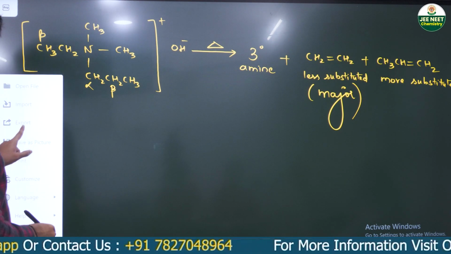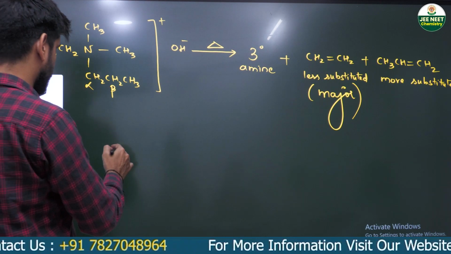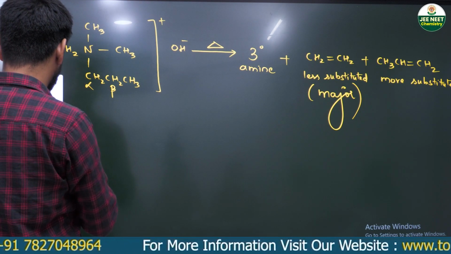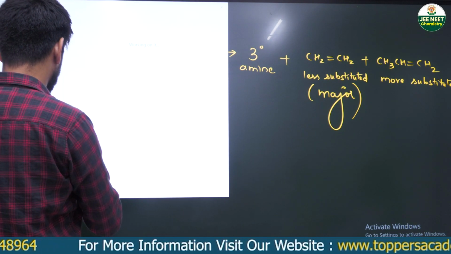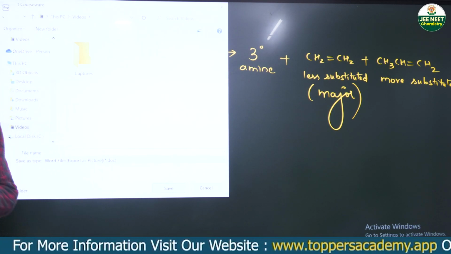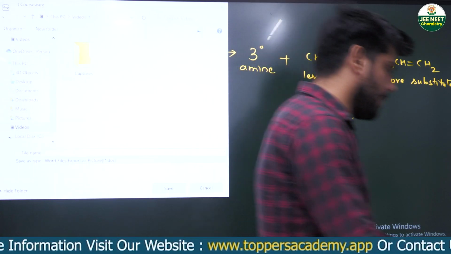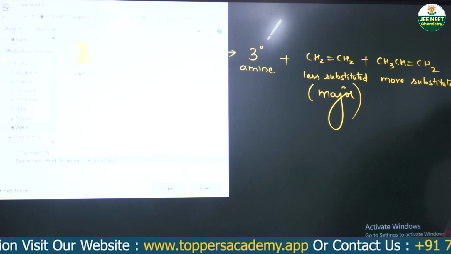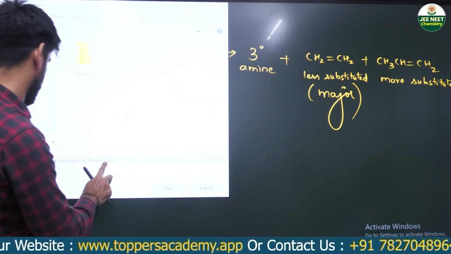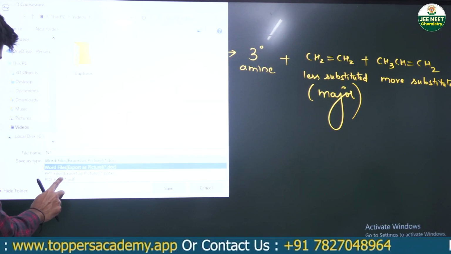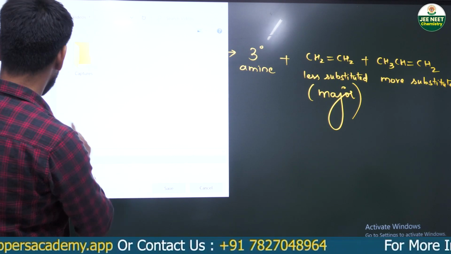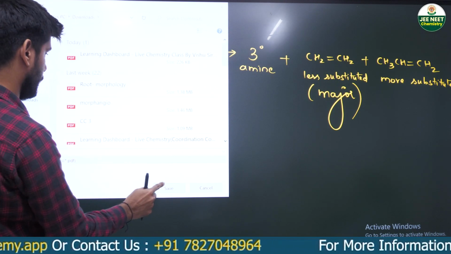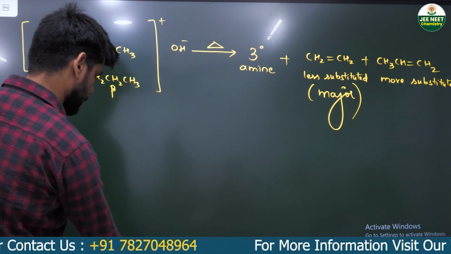Just give me 1 minute. So this is the nitrogen containing compounds 1. So I am writing. Tell me this point is clear.